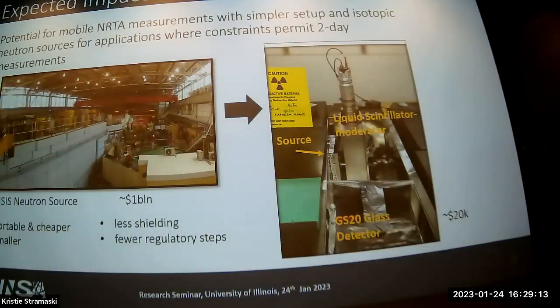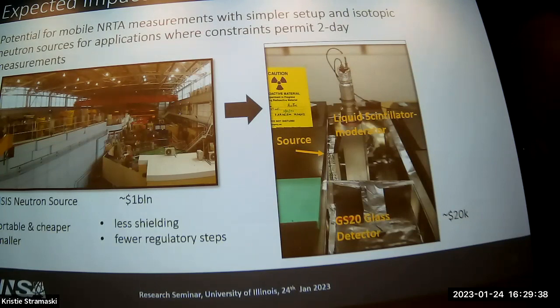The expected impact of this work is, again, the same thing. We're talking about a setup which is much, much cheaper, more portable, with less shielding. It's smaller and it requires fewer regulatory steps. But there are limitations of this setup, and that is it took us at least 2 days to collect that data.